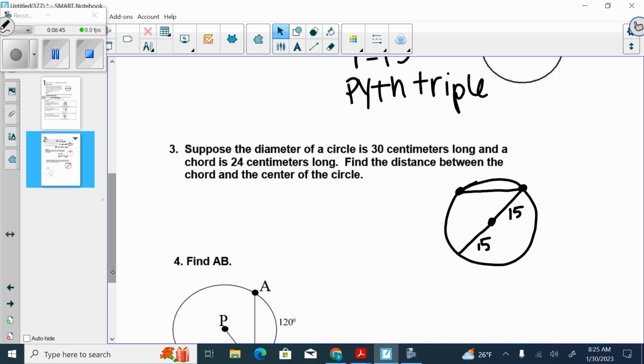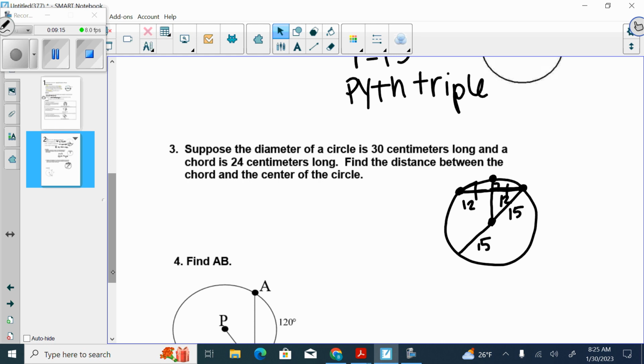Well, with the way I've drawn this, if I was to draw a line directly up, that radius that I just drew in is what to the chord? Perpendicular. And if it's perpendicular, what does that mean about this section and this section? Congruent. And I knew the chord was 24 centimeters long, so what does that make each one of those sections? 12.